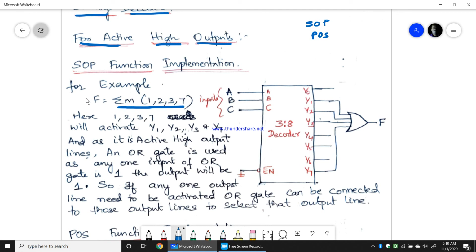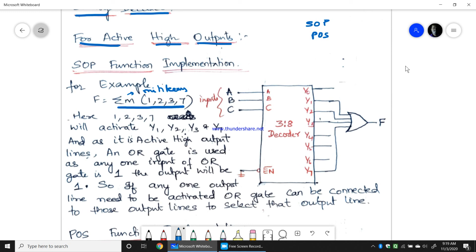If I am given this Boolean function to be realized using a 3:8 line decoder, and this is summation m, it is min terms. Once it is min terms, it means it is SOP, right? So how to realize these min terms using a 3:8 line decoder? Now ABC are the inputs. We know that the enable pin should be grounded so that this IC will be enabled.